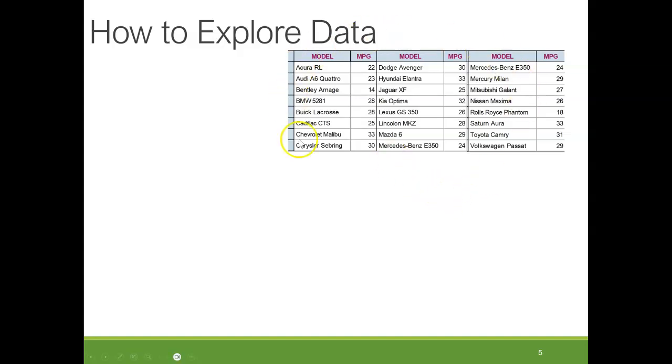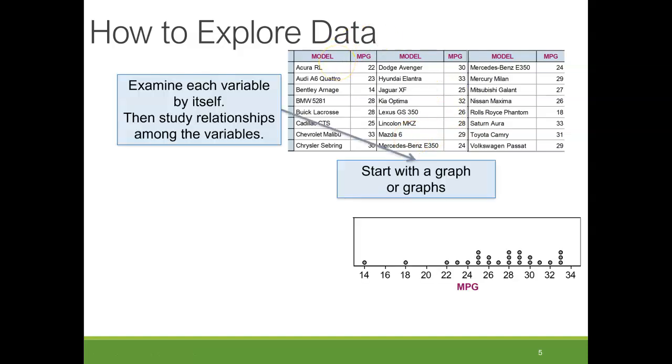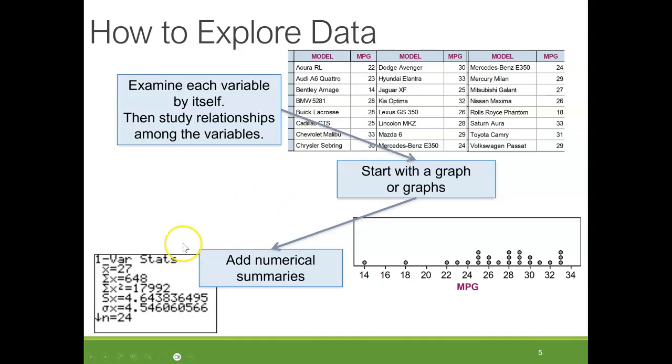So again, this is our same miles per gallon data set. If we want to study the relationship between the variables, typically what we do is we start with a graph, and then we might do some kind of numerical analysis. This is from my graphing calculator.